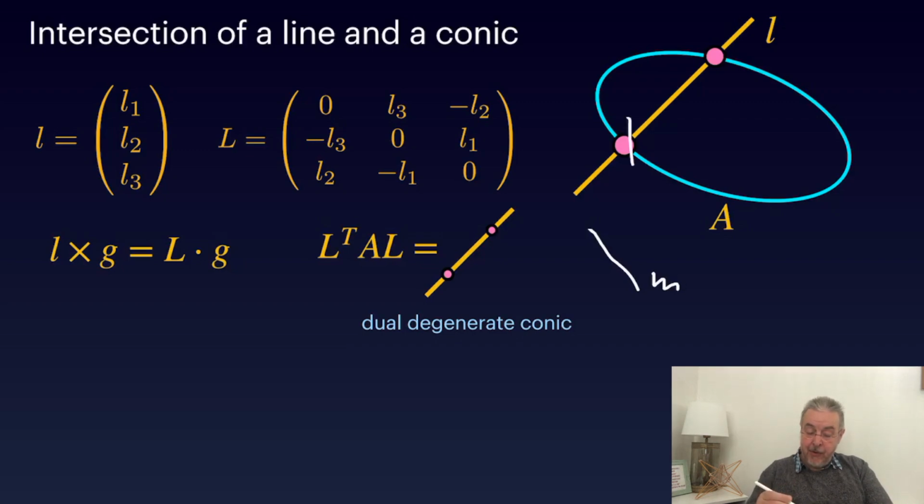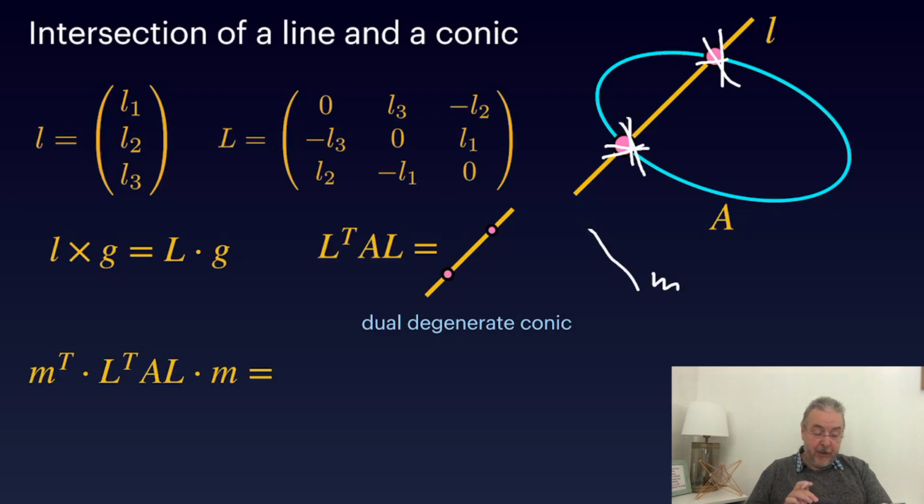It has to go through one of those points. So what we're asking for is the solution set of this equation here becoming 0, and we want to prove that this solution set has the property of passing either through one of those points of intersection or through the other one.